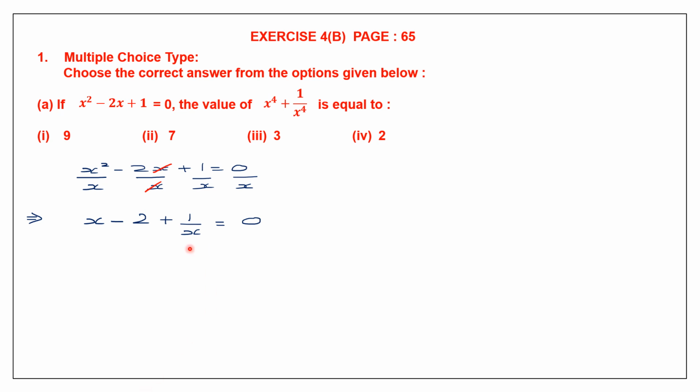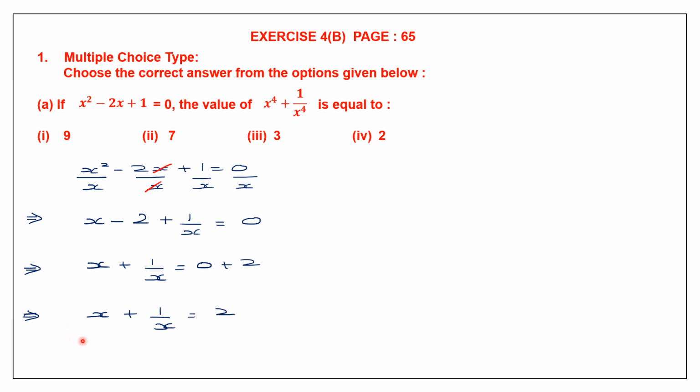So now we have got this fraction form here. Now let's put these two together, x plus 1 by x. Now here we have minus 2. Let's take it to the right hand side, so that will become 0 plus 2. So now we have the value for x plus 1 by x, and that is 2.